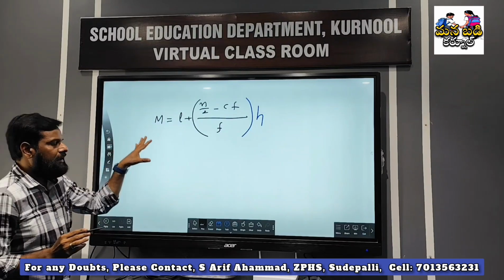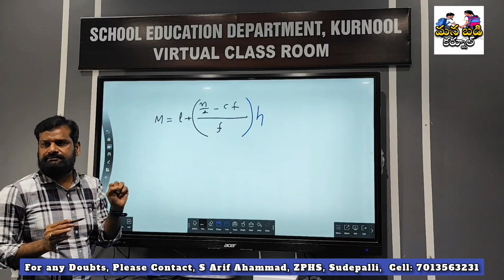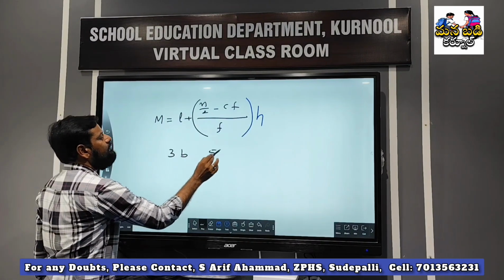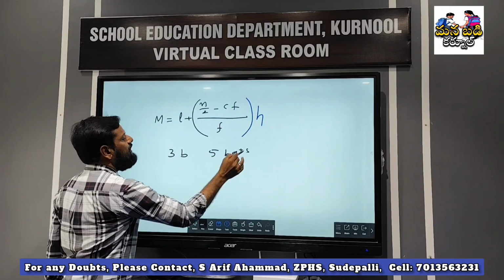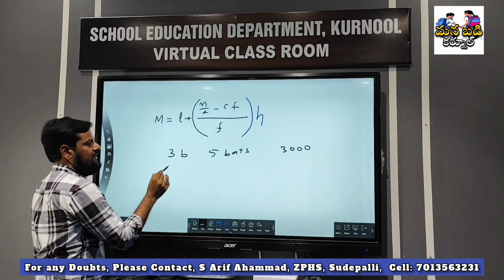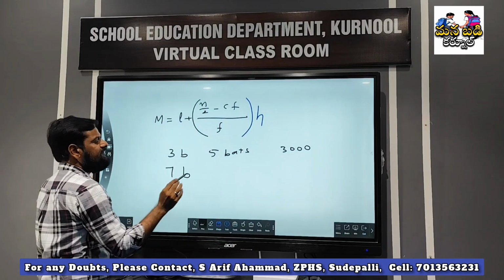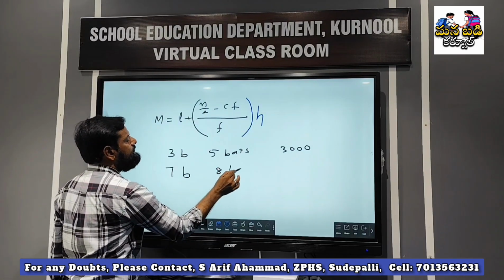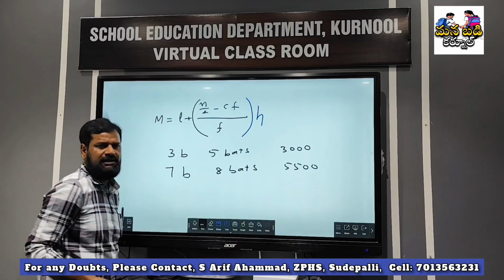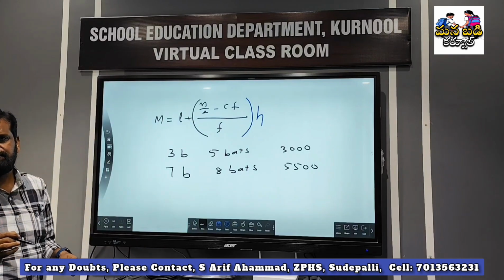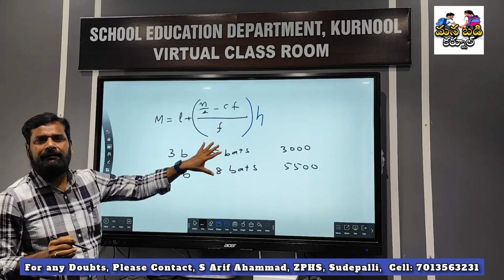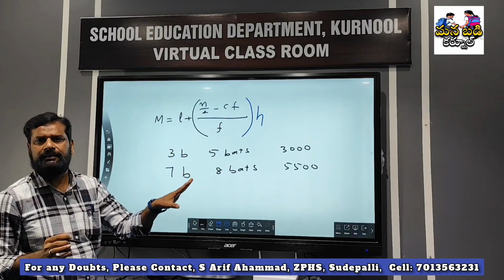Similarly, if a situation is given, suppose 3 balls and 5 bats cost 3000 rupees, 7 balls and 8 bats together cost 5500. They have given one simple situation and they are asking us to write a pair of linear equations in 2 variables.